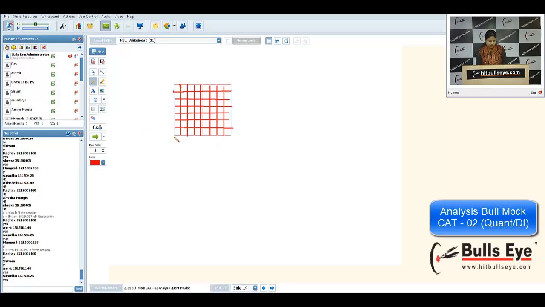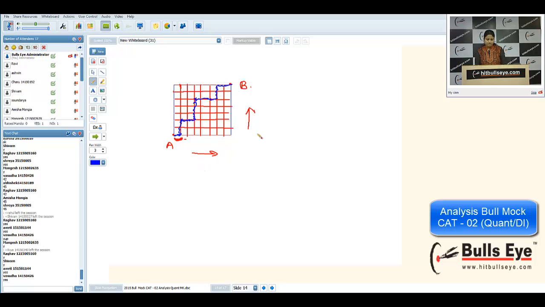Suppose you are sitting at this point A and you want to go to B. Only in these directions you can move, and at once you can take one step. One step is equal to 1 unit. In how many ways can you go from A to B? That is my question. Suppose I am drawing a permissible path with blue color. Suppose this is a permissible path.